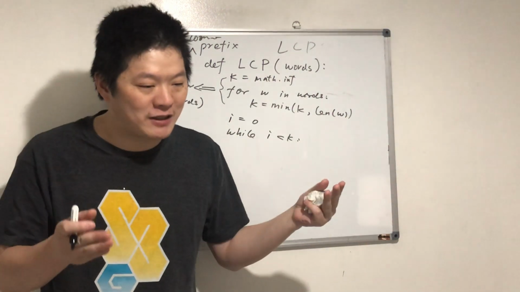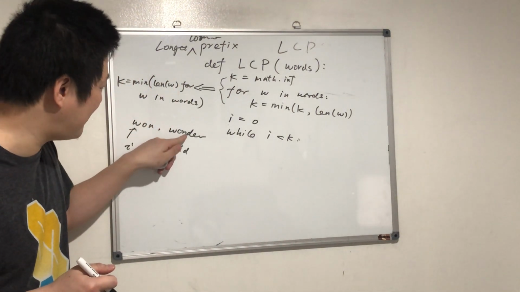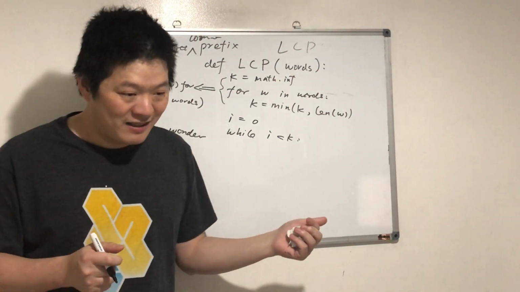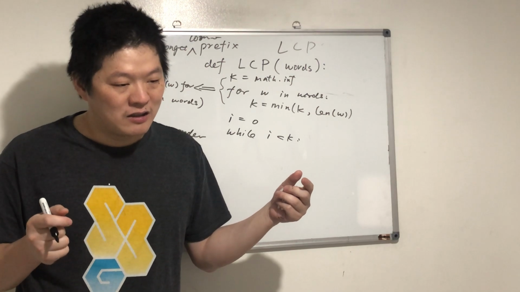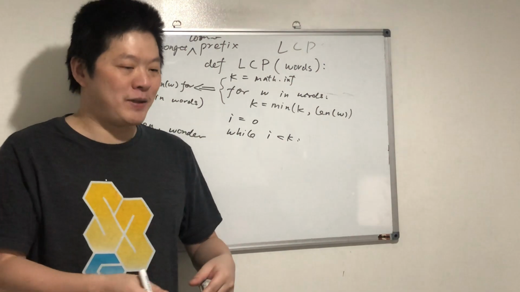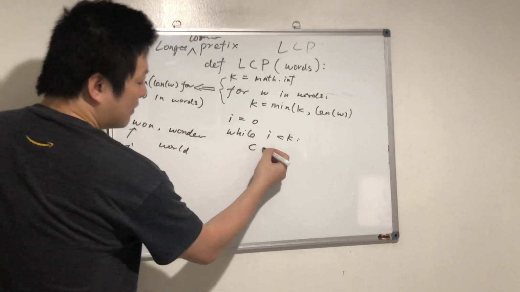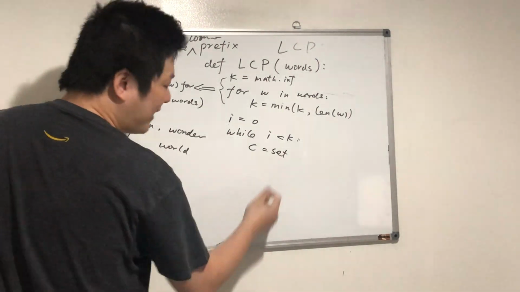If it's more than 1, like N and R, what does it mean? It means you break, because we found more than 1. And then you return your previous prefix, which is WO.